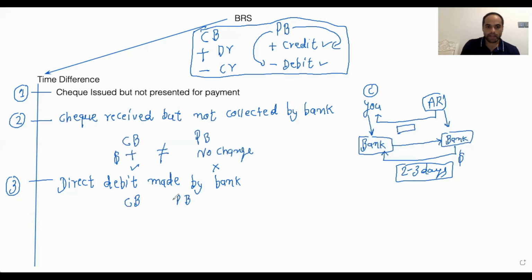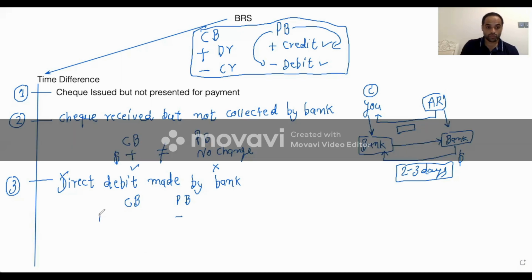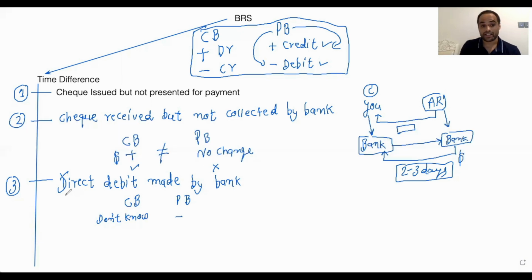Direct debit made by bank means money out from your bank, and it's direct, meaning in the cash book, you don't know, because it's direct, meaning directly minus from your bank accounts without letting you know, because it's bank charges.